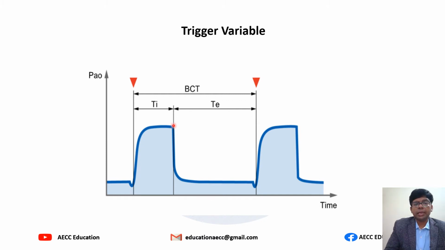So TI, inspiratory time, is the duration from the triggering point to the following cycling point. And TE, expiratory time, is the duration from a cycling point to the following triggering point. Breath cycling time is the duration from one triggering point to the next triggering point.